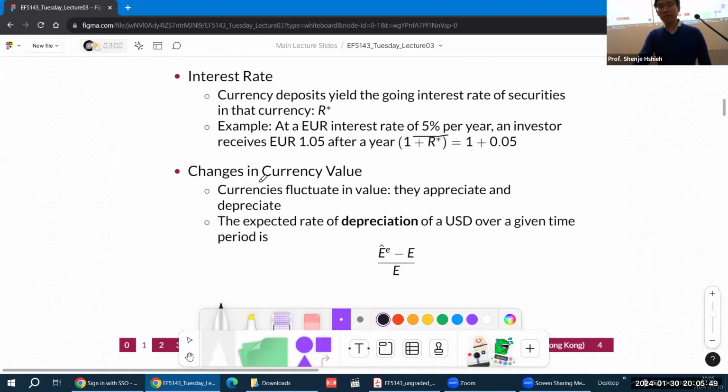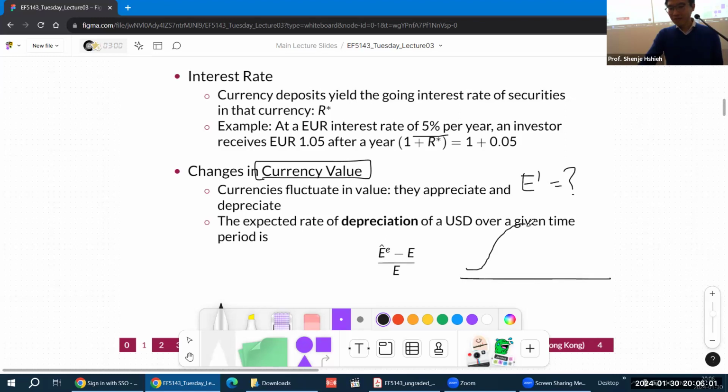However, the change in currency value is different now because there's uncertainty and risk involved. We don't know what future E will be. It will have a distribution. You must have learned from last semester that there's some central moment. There could be fat tails, whatever, but we can characterize this distribution using the mean.